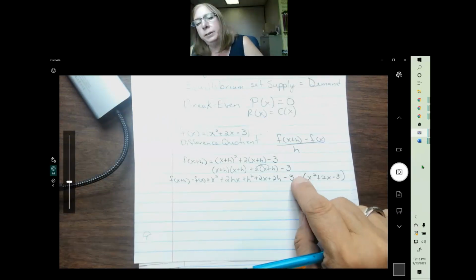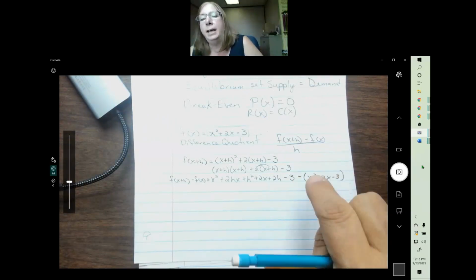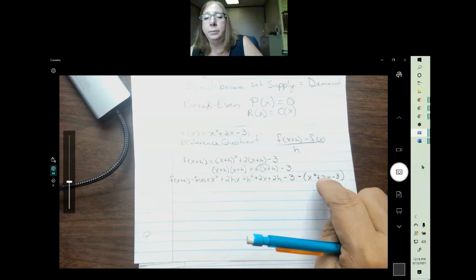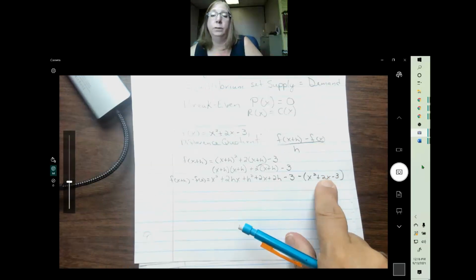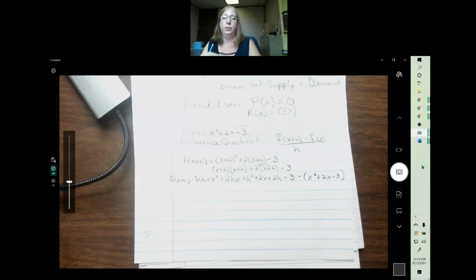What you need to be careful about is that this negative has to distribute. And everything inside these parentheses should cancel. It's not just going to combine, it should cancel, or you did something wrong. That's the way the formula is set up. Everything that is left after you cancel should have an h in it.